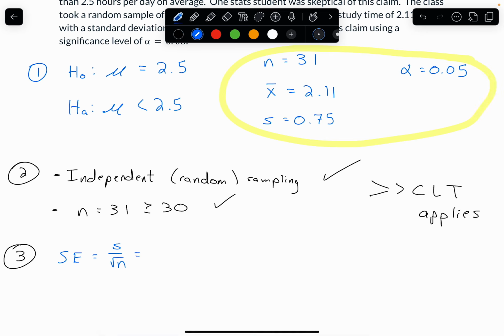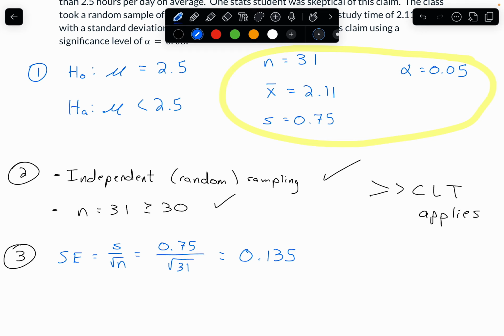So s is 0.75 divided by the square root of my sample size, which in this case is 31. So I have in this problem 0.75 divided by the square root of 31, and I ended up with 0.135 as my standard error. So there's the first step that I need.